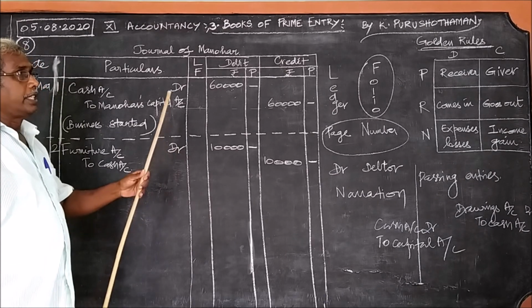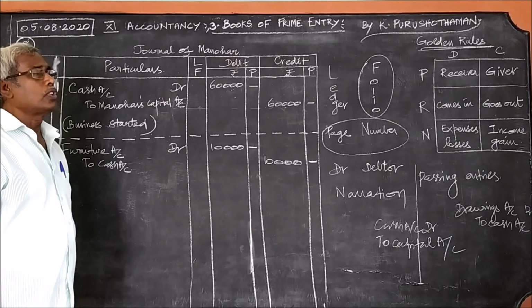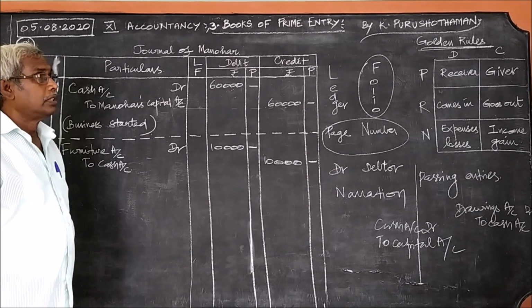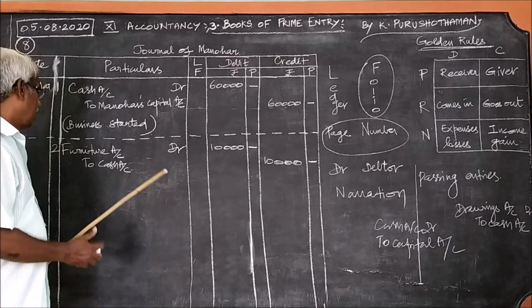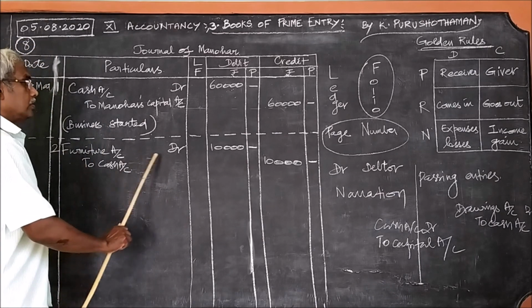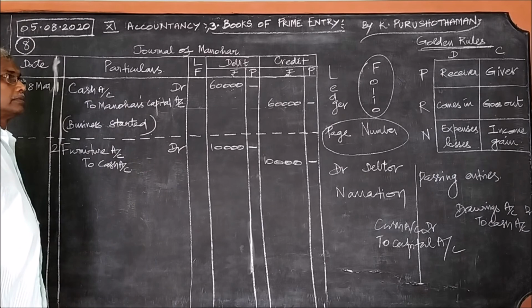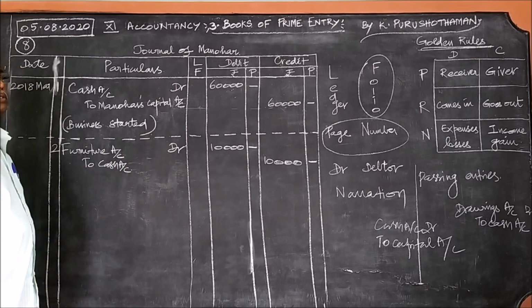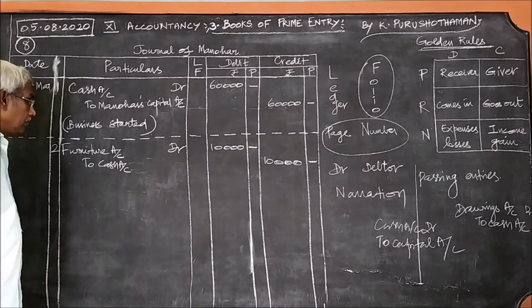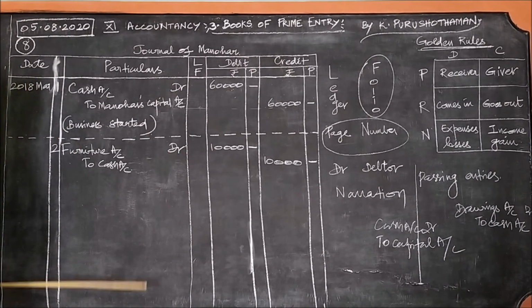And see the credit rules. What goes out? Cash goes out. So, to cash account. Furniture account debtor to cash account. What goes out?